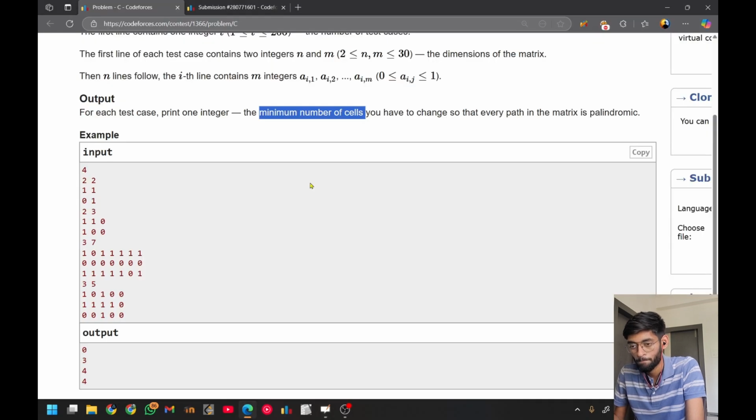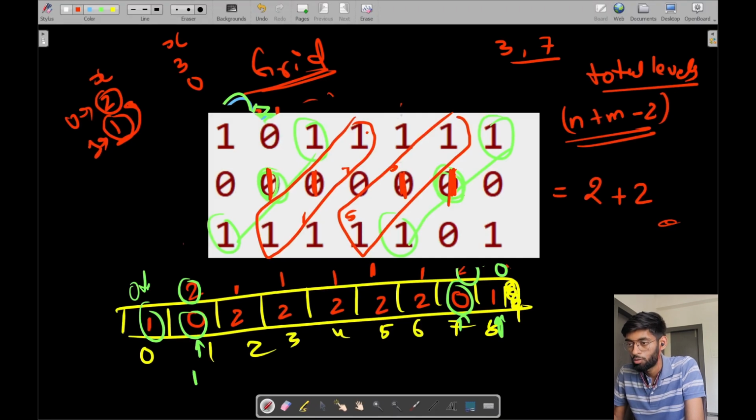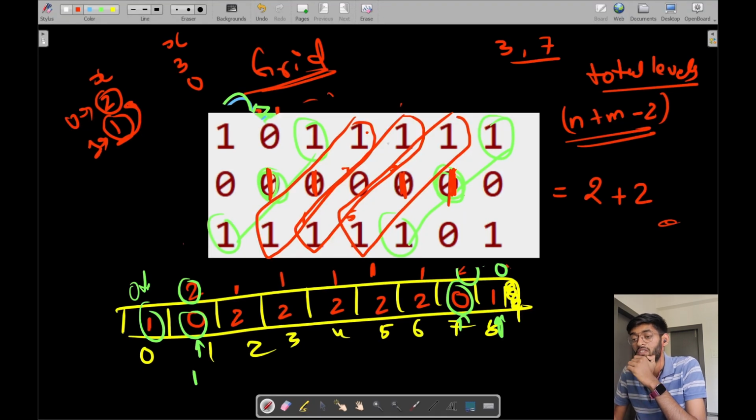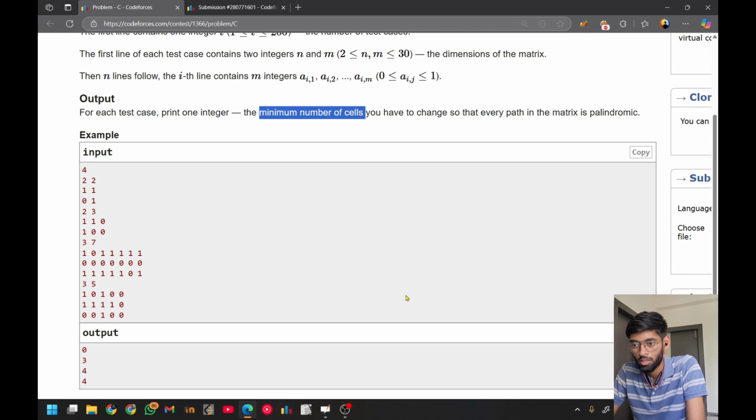Okay, now we are coming to this level, 1 0 1 and 0 1 1 1 1. What changes do we have to make here? Can anyone guess? We have to just change this value by 1. So the total number of operations required is 5. Okay, there is some error.